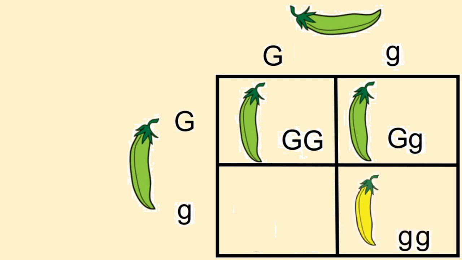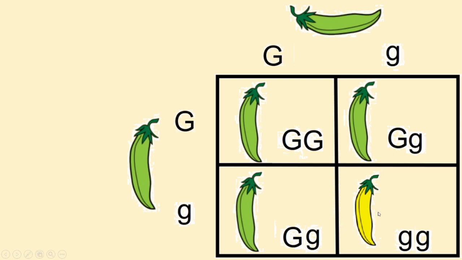We can get two recessives producing a little yellow pea. So this little yellow pea here has appeared from two green peas. And this is what I was talking about with you sometimes getting a blonde-haired child being born to two brown-haired parents, and it's just showing, again, it's a probability thing.